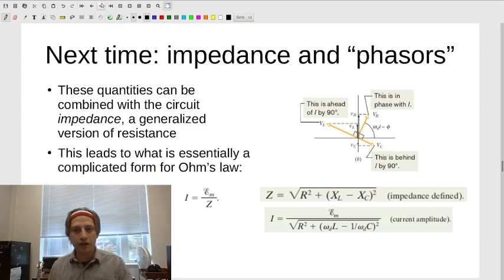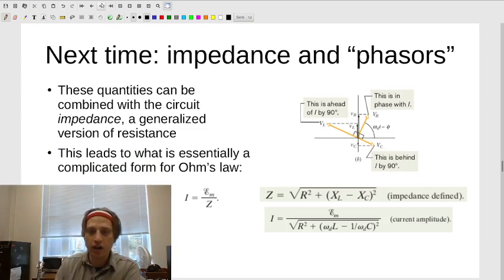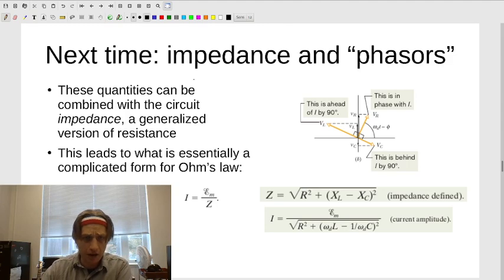Now this all gets very complicated because if you do a Kirchhoff loop rule and you put a resistor, an inductor and a capacitor in your circuit, they are all going to be out of phase. But electrical engineers have put a lot of thought and a lot of energy into these sorts of problems.